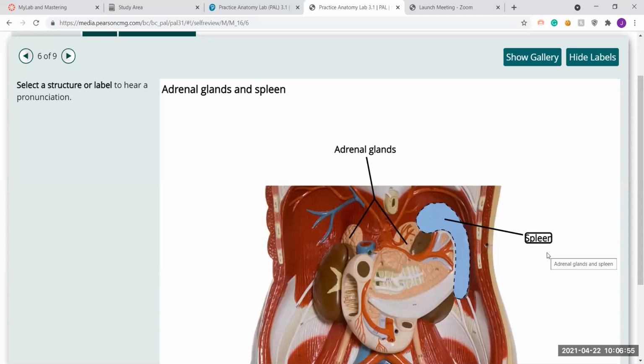It houses a lot of macrophages and white blood cells to fight infection, as well as it recycles the old, damaged, fragmented red blood cells. So all red blood cells after 120 days are destroyed here and recycled.